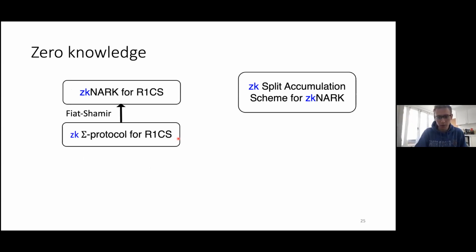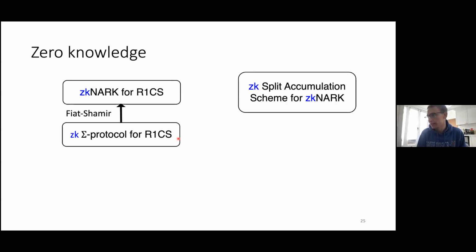You saw the super simple scheme, which was just a NARC. In order to get zero knowledge, we turn that into a Sigma protocol. It's a very simple Sigma protocol, like what you would get if you gave a grad school student the homework to design a Sigma protocol for R1CS. This is basically what we use.